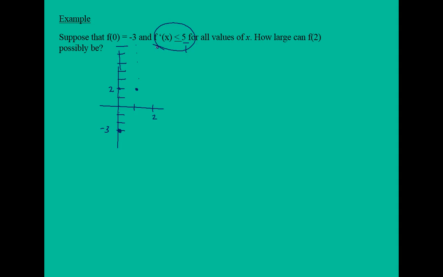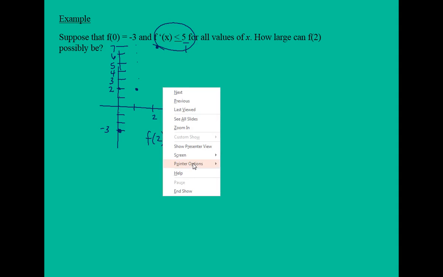So let's see what that value is. That would be 2, 3, 4, 5, 6, 7. So the maximum f of 2 can equal is 7. That's the maximum it could possibly be. So that's just thinking through this problem graphically.